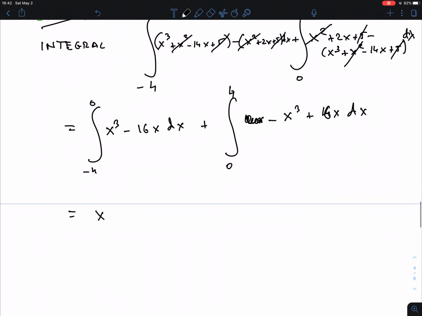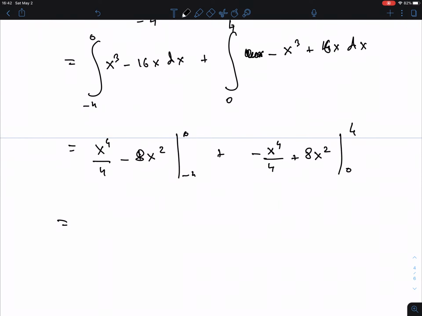That is x to the 4th over 4 minus 16x squared divided by 2, between -4 and 0, plus now we have minus x to the fourth over 4 plus 8x squared between 0 and 4. Let's plug everything in. We plug in 0 there, and then minus, and now we plug in negative 4.